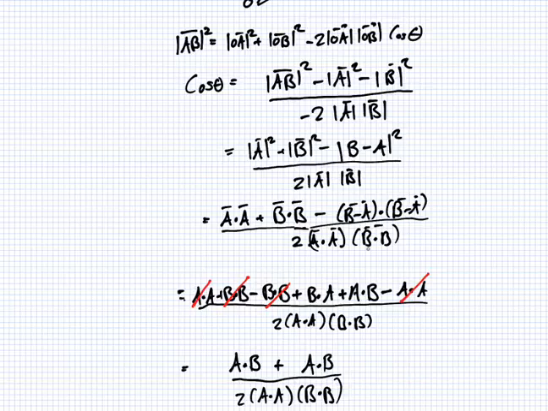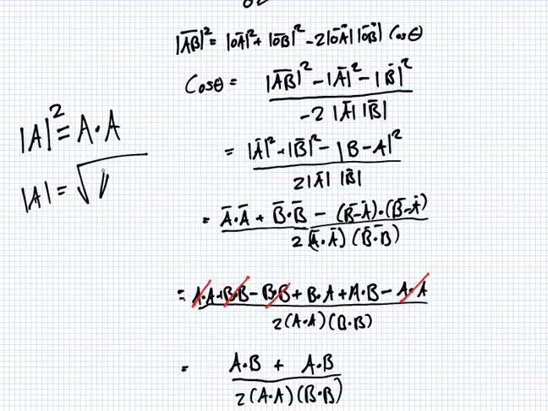Oh, yeah. Here's the problem right here. Magnitude of A is not A dot A. It's a small slip here. Magnitude squared is A dot A. So what's magnitude of A? Square root A dot A. Can you see that? If magnitude squared is A dot A, then what's magnitude?